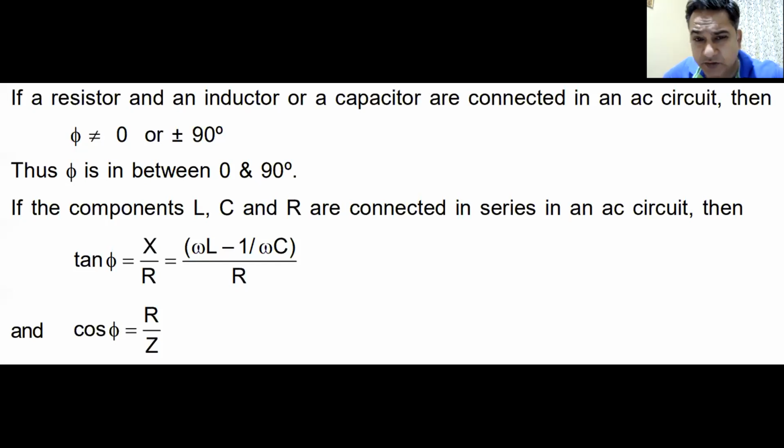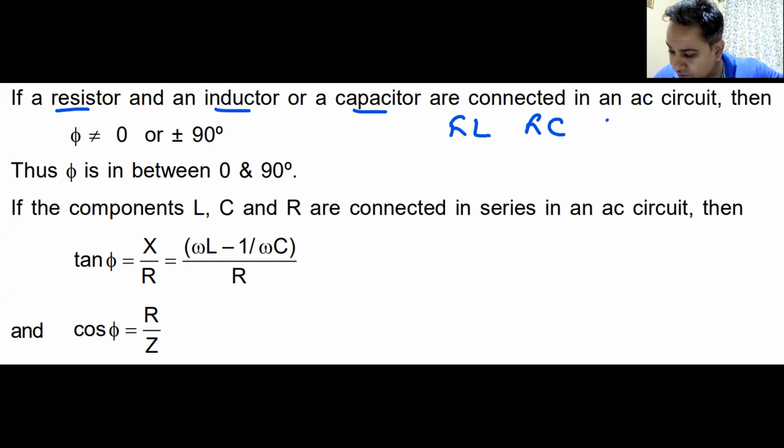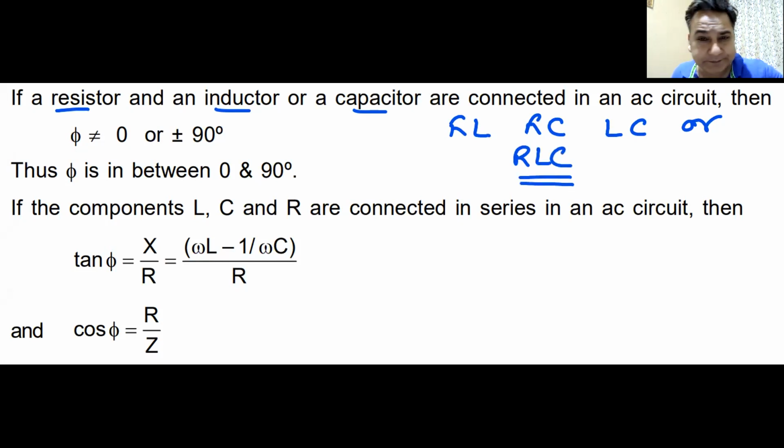Well, these cases will come when you have a combination. Combination of what? Combination of a resistor with an inductor or a capacitor. So you will have this when you have an LR circuit, RC circuit, LC circuit, or a combination of all 3, LRC circuit.